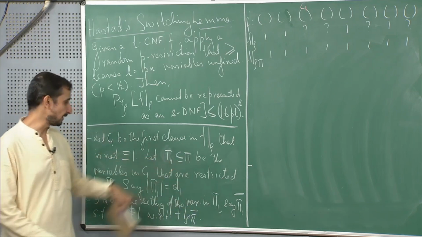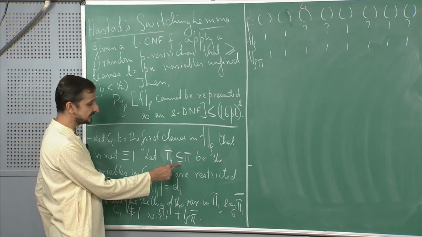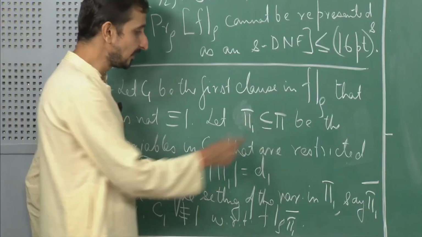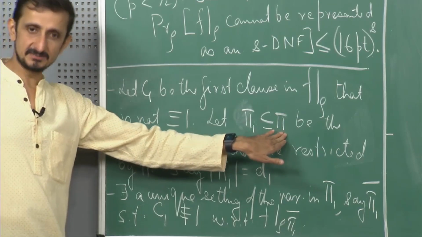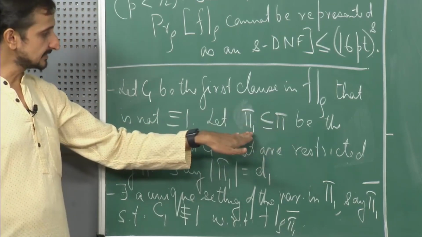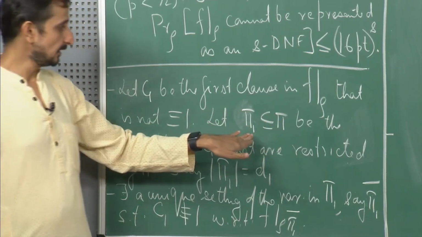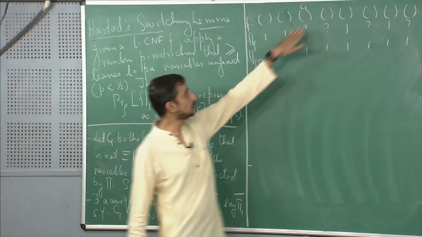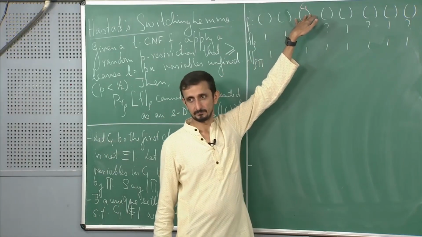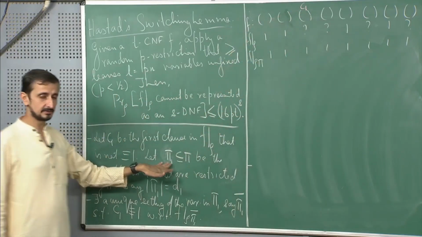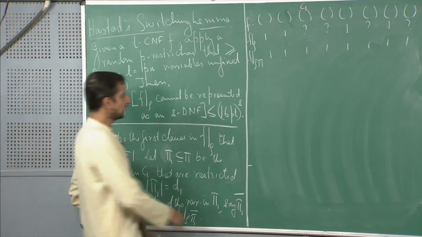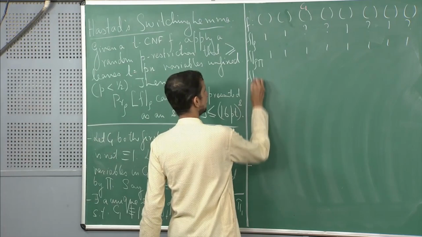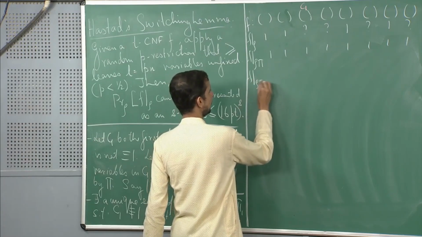And now pi 1 is the subset of pi. So, this notation is actually a little overloaded. By subset what I mean is that look at the variables that are restricted by pi and look at the subset of those variables which belong to the clause C1. Okay. Essentially that is what it means. So, now if I look at the set of variables that are here, so what can I say about F restricted to rho pi 1?